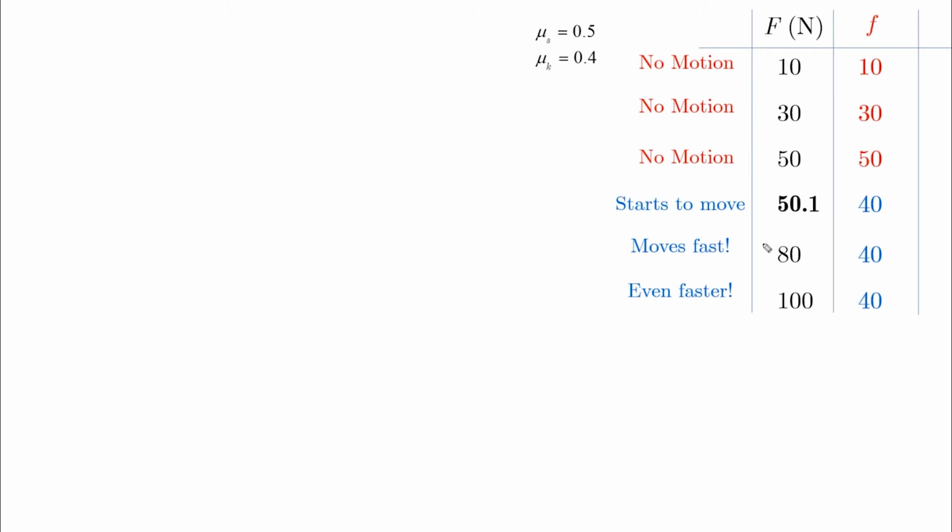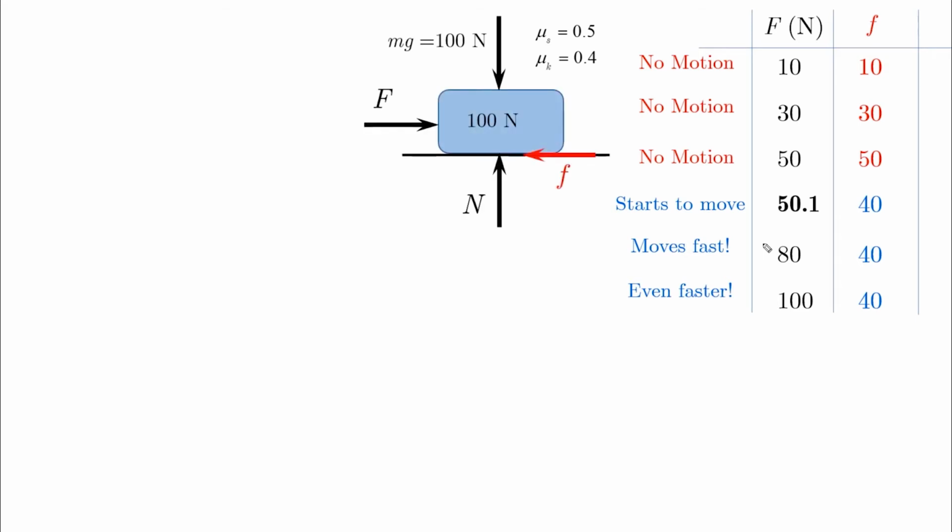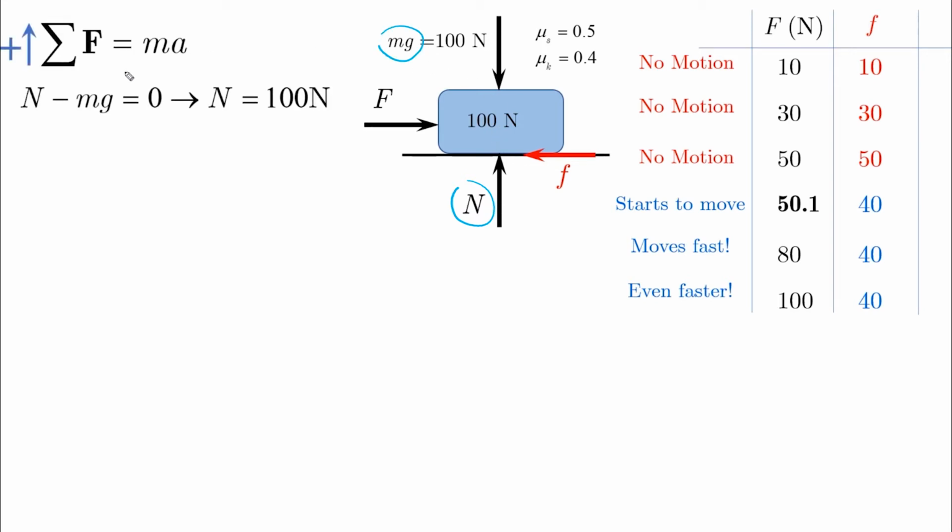So this is our table. This is the free body diagram showing all the forces. And if we want to find the normal force, then we apply the summation of forces, which is going to be equal to 0. And this leads to the normal force, which is equal to the weight, or 100 newtons in this case.